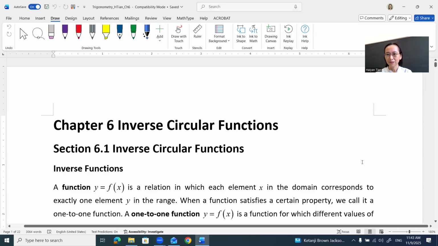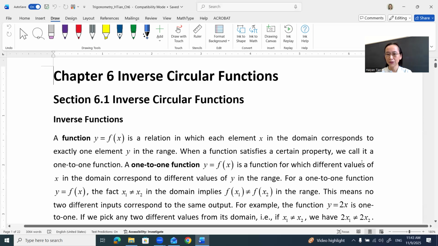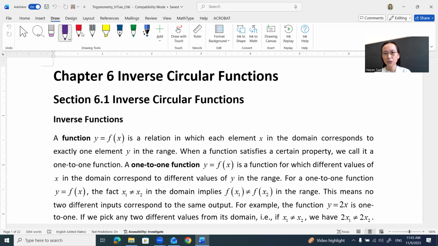Let's have a review of the definition of a one-to-one function. If a function is one-to-one, that means whenever x1 is not equal to x2, then the function values f of x1 is not equal to f of x2.